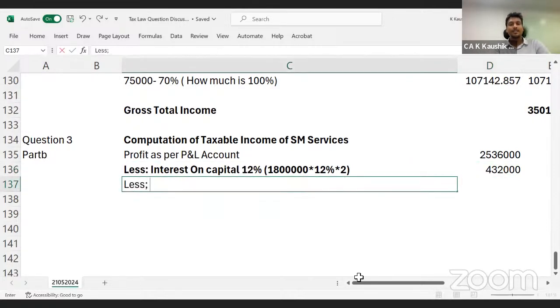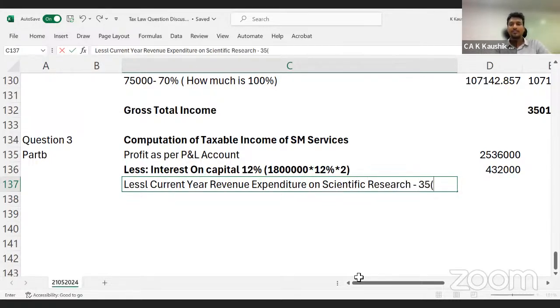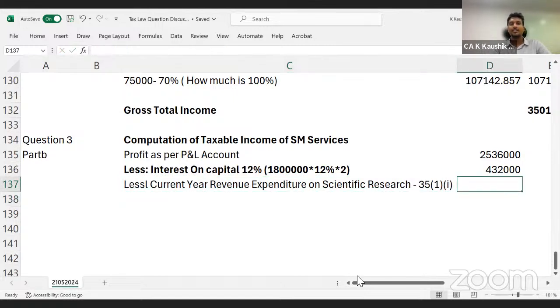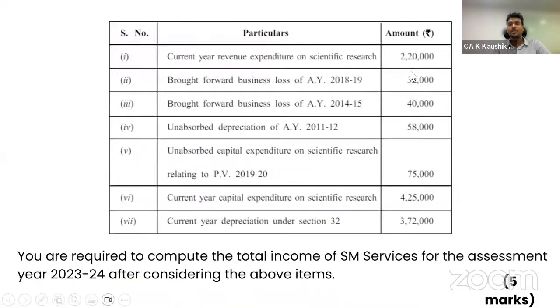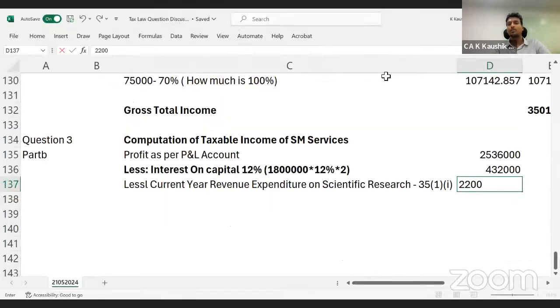Then less current year revenue expenditure on scientific research. This is section 35, subsection 1, clause 1. How much is the scientific research capital expenditure? We have revenue expenditure 2,20,000.